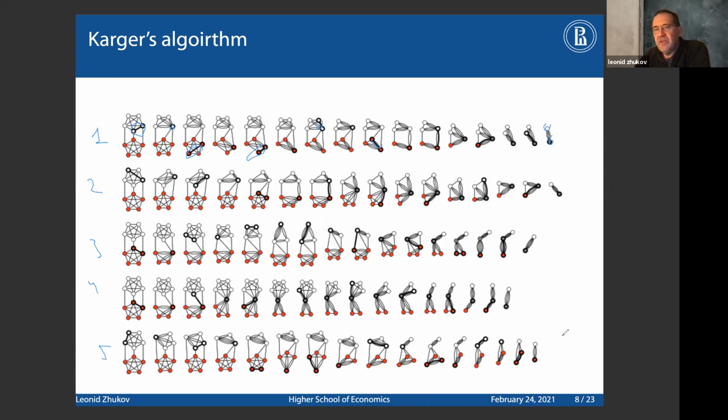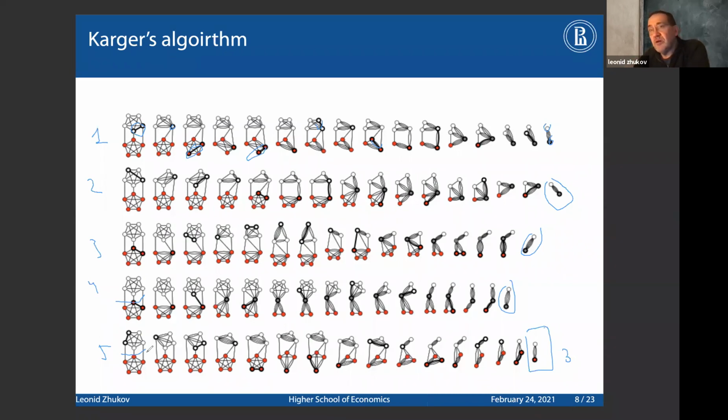And notice that depending on the run, because it's a randomized algorithm, you'll get a different number of edges. Here there are 4 edges, here I don't even know how many, here 4 or 5, and the one on the 5th run actually found 3 edges. Looking at this graph, yes, this is the minimum cut. This is the smallest cut you can get here. It's 3 edges, and it was found in 5 iterations.